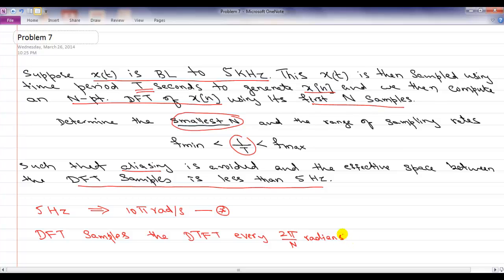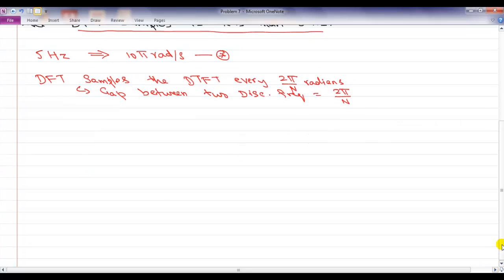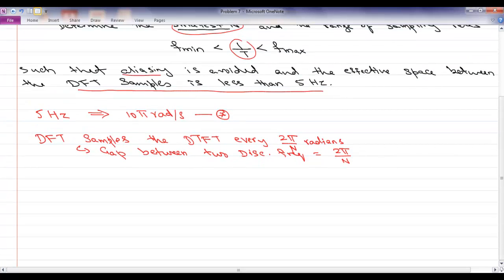So the gap between two DFT samples in discrete frequencies, the gap between two discrete frequencies, is 2 pi over n radians. Now we are interested in making sure that the DFT gives us no bigger gap than 5 hertz in continuous time. So this is the relationship between DFT and DTFT.